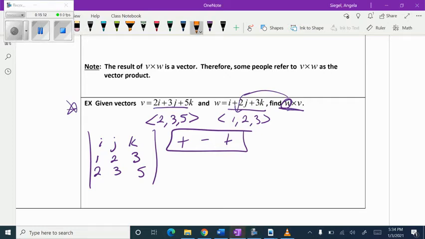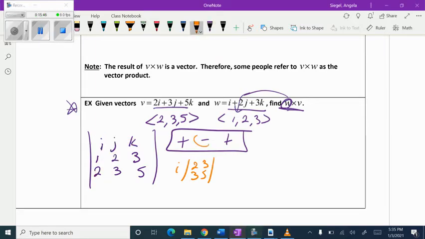To expand across the top, we have to find the minor matrix and find the determinant of that. For the minor matrix, we cross out the row and the column connected to I, and that creates this new matrix: 2, 3, 3, 5. This is where those signs come in.